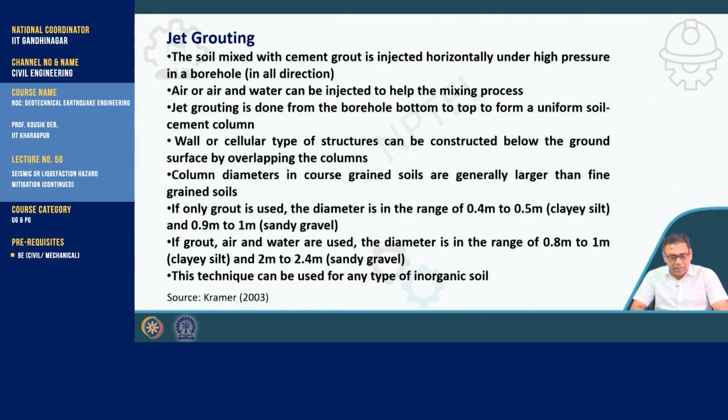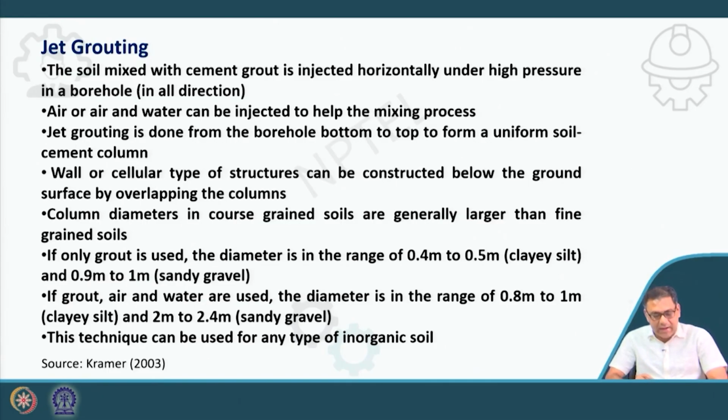If grout and air and water are used, sometimes, as I mentioned, the air and water can be injected to help the mixing process. Now, if only grout is used, then the column range is 0.4 meter to 0.5 meter for clay silt and 0.9 meter to 1 meter for sandy gravel.